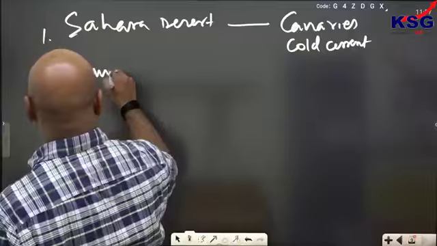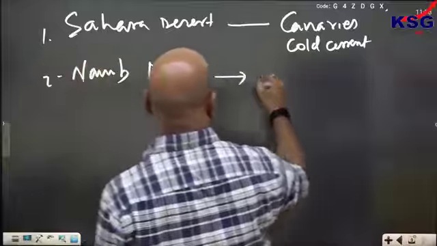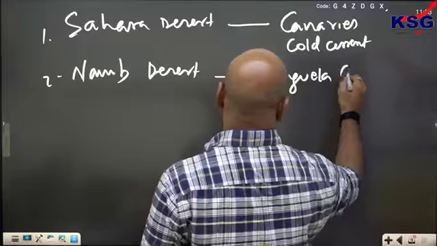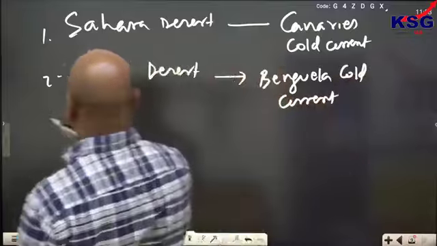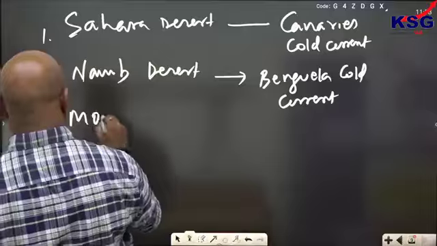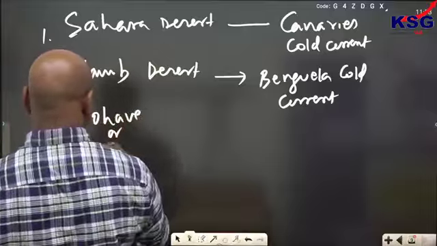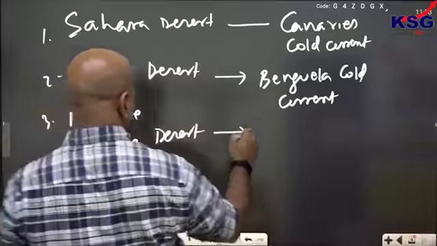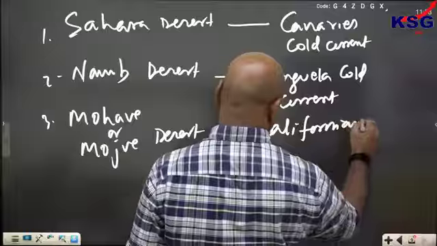Namib Desert has Benguela current, Benguela cold current. Mojave Desert, Californian current.